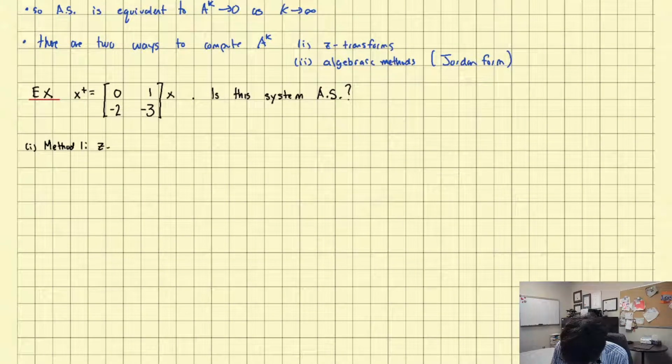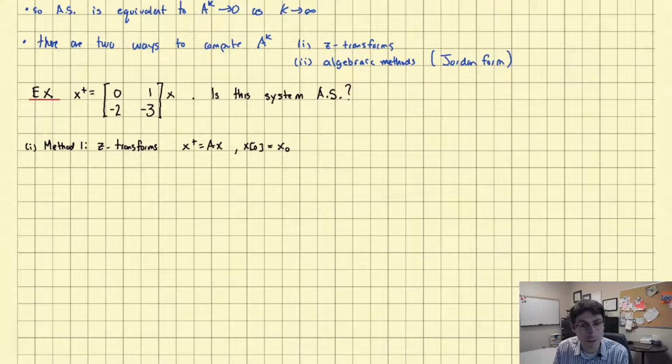Z transforms. Okay, so what I will do is I will take the Z transform of the difference equation, the state equation that I have above. Say that's our system, right?